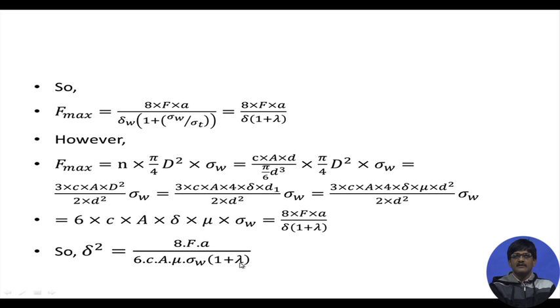Lambda is hardness of, if you remember, hardness of workpiece by hardness of tool. So delta square can now be estimated.